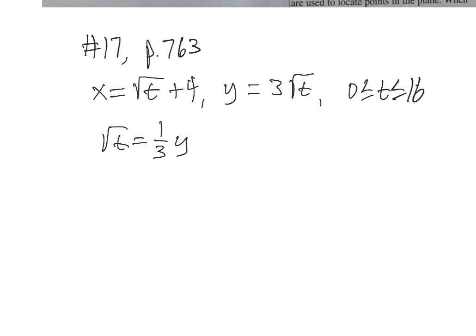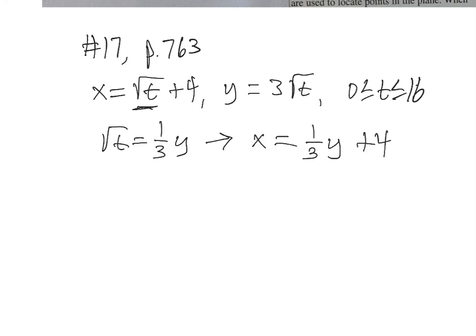And now, I might normally square that, except I got a square root of t sitting right there. I could solve it for t by squaring, but why not just plug in what we got right there? So x equals the square root of t, which is 1/3 y, plus 4 more.